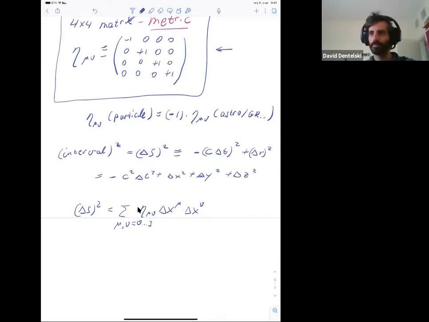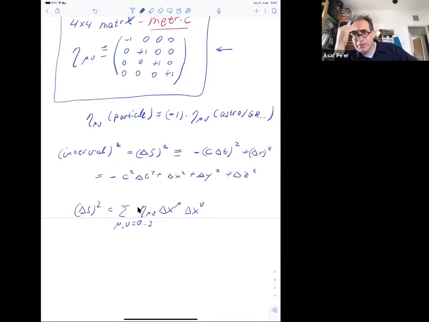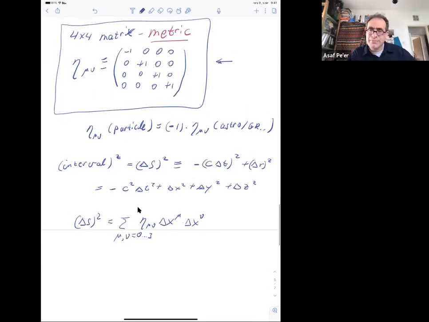We have 16 terms because we're summing over mu and nu. They go from 0 to 3, so there are 4 times 4, a total of 16. But look at this matrix eta. If mu is different than nu, then the matrix eta gives us automatically 0. So 12 out of the 16 are 0.